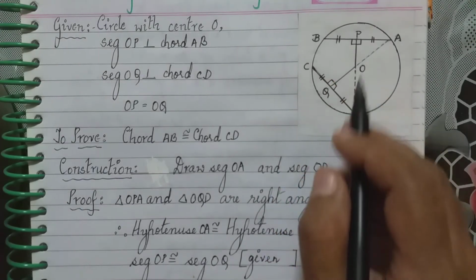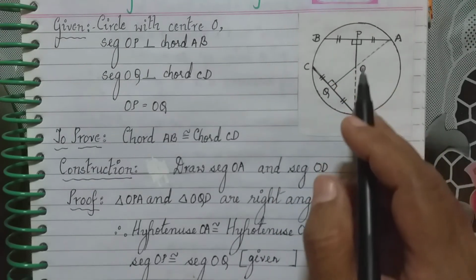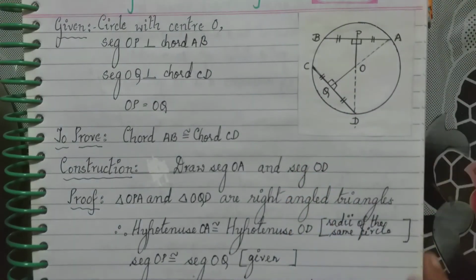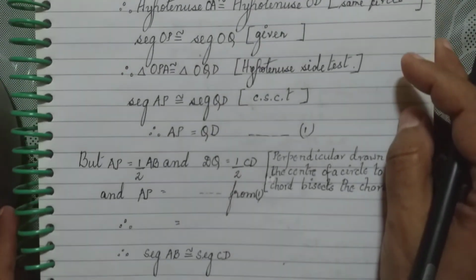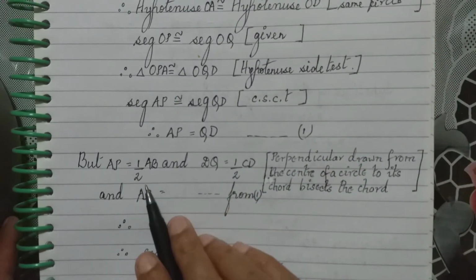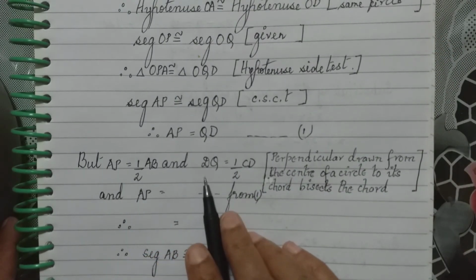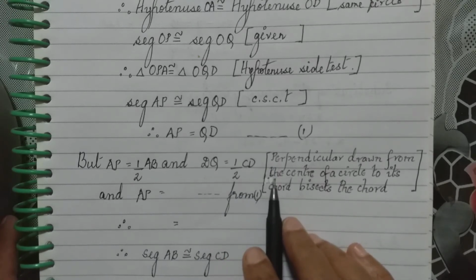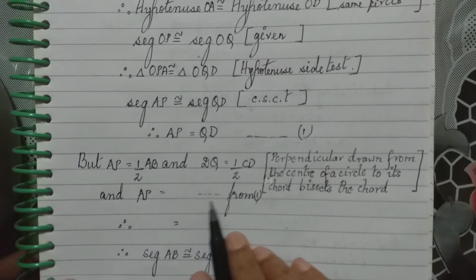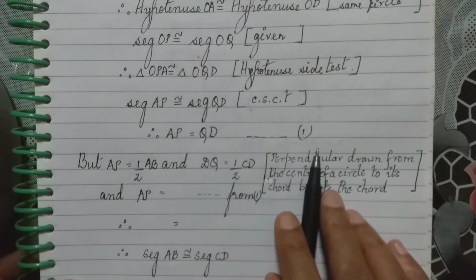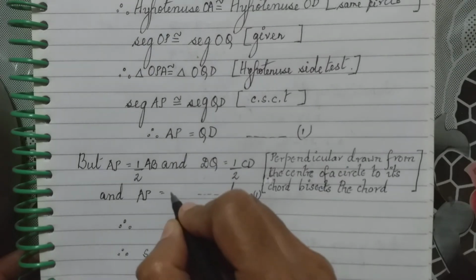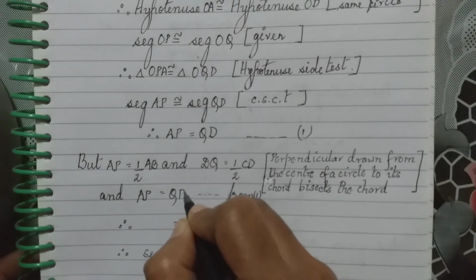Here, if you see, OP and OQ are the perpendiculars drawn from the center of the circle to the chord, and they bisect the chord. So, they divide the chord into two equal parts. Therefore, we have AP equal to half AB and DQ equal to half CD. And AP is equal to QD from 1. So, if you see in 1, we have already said that AP is equal to QD.